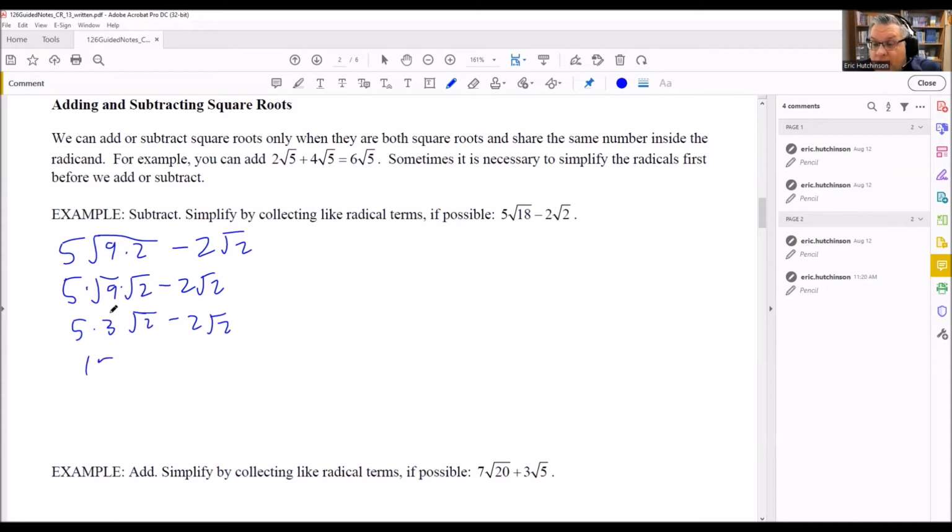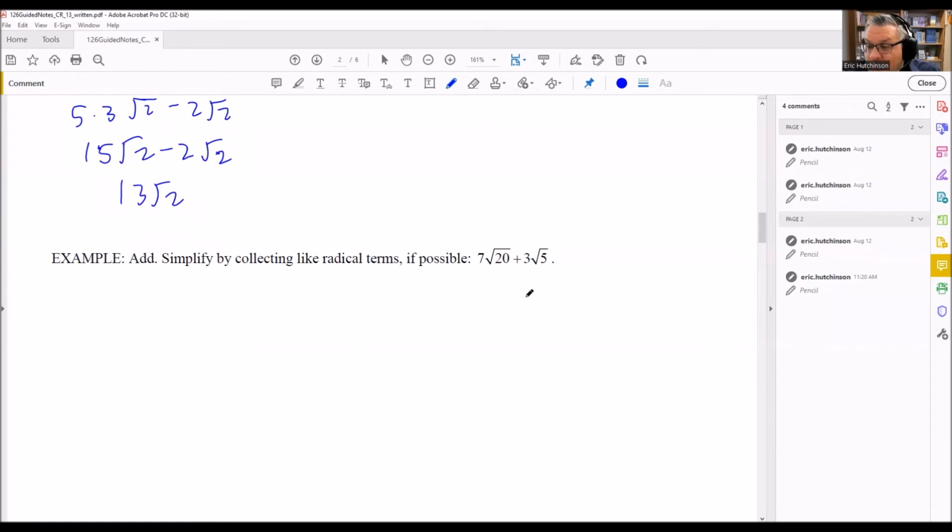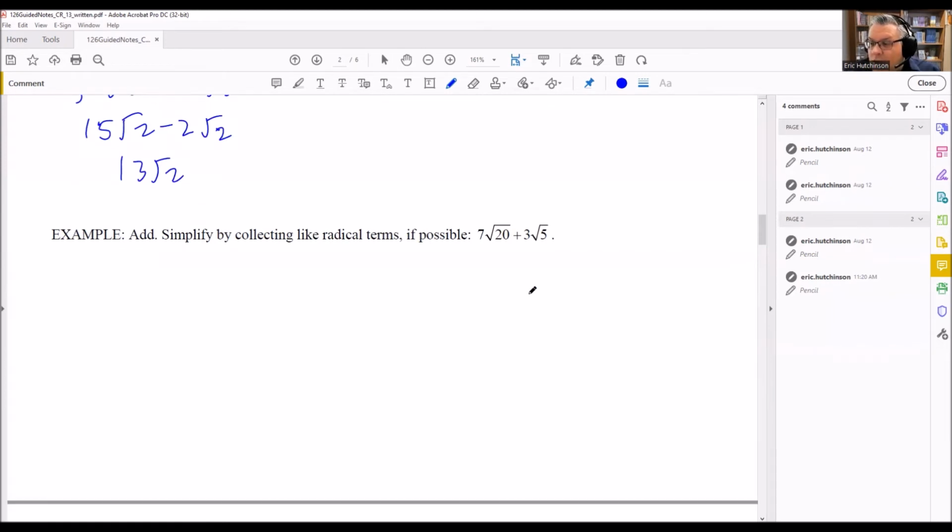Now we can multiply. 5 times 3 is 15. And so if we do this now, we can combine this together and subtract. Now that we have square root of 2 and square root of 2, these are now square roots that we can combine together. 15 minus 2 is 13, so we get 13 square root of 2, and that's going to be your answer.